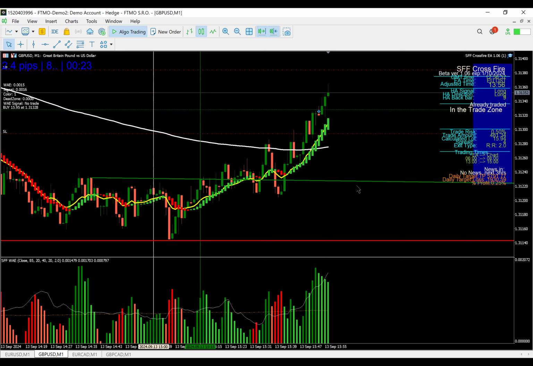So again, we're above the green trend line. We had a wave change at that point. The Heiken-Ashi is still quite strong. The yellow moving average crossed over the white, and the Wada Atta was in my favour. Now the Wada Atta has changed to saying no trade, but that doesn't worry me. We're in the trade.